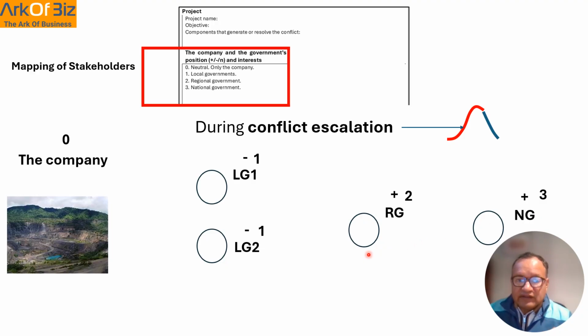Now, here is an important rule. If any stakeholder is neutral, their value is automatically 0. So, for example, if the national government were neutral instead of in favor, its value would change from 3 to 0, as you see here, right?